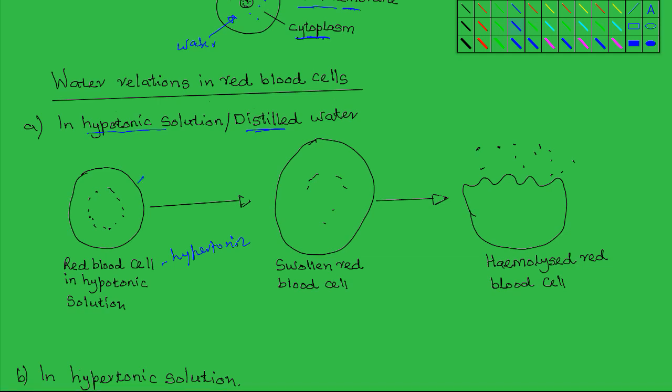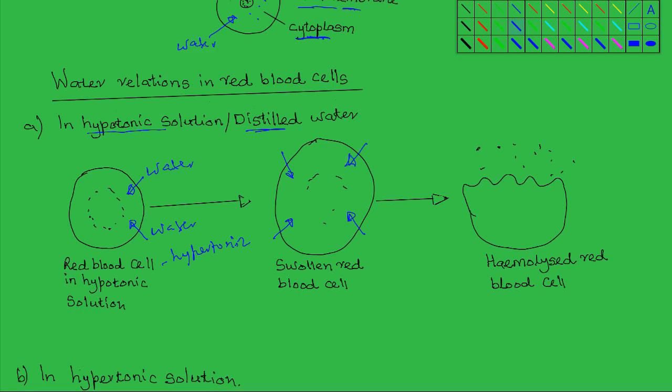This is because the cell membrane is not strong enough to resist the outward pressure that is caused by the inflow of water. Because remember, as the water flows in, water being matter, it occupies space. So it will create an outward pressure which the cell membrane cannot withstand.